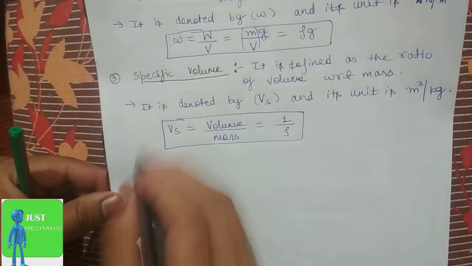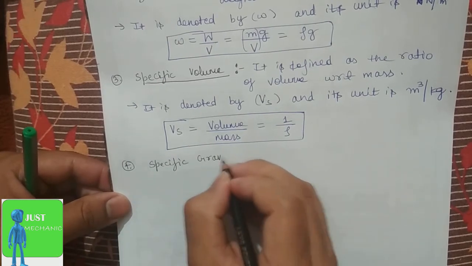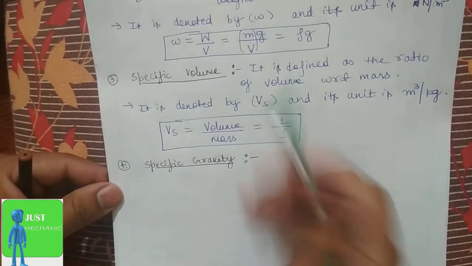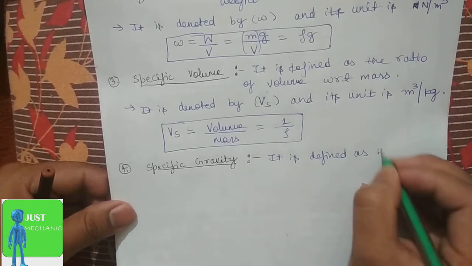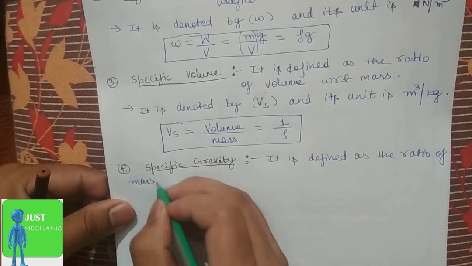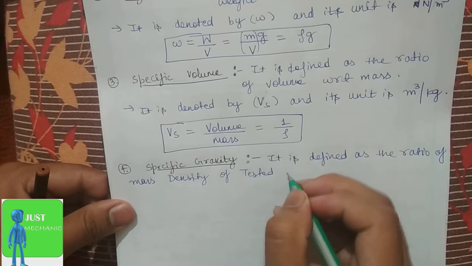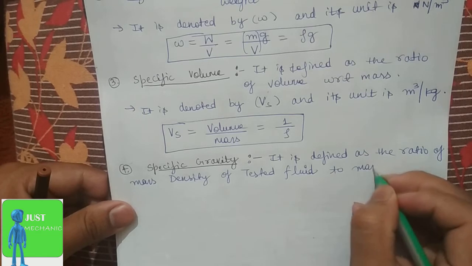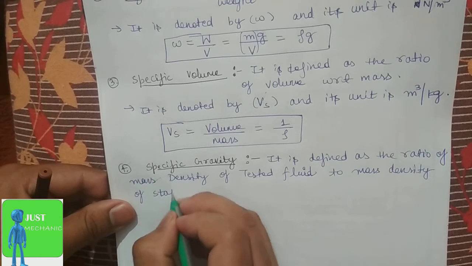The fourth and last property we have to study is specific gravity. It is defined as the ratio of mass density of tested fluid to mass density of standard fluid.